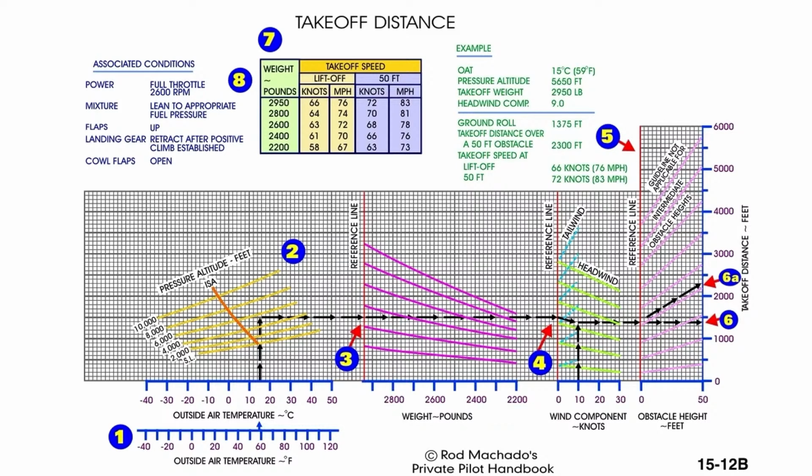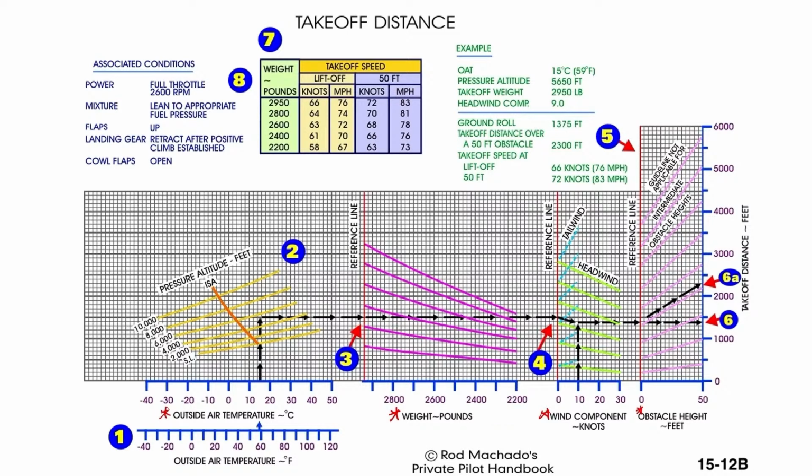You're given a certain amount of information, and step number one is always using the outside air temperature and the pressure altitude. Then we figure out the weight of the aircraft. Then we look at a wind component, whether we have a headwind or a tailwind. And then we look at whether we need to clear a 50-foot obstacle.